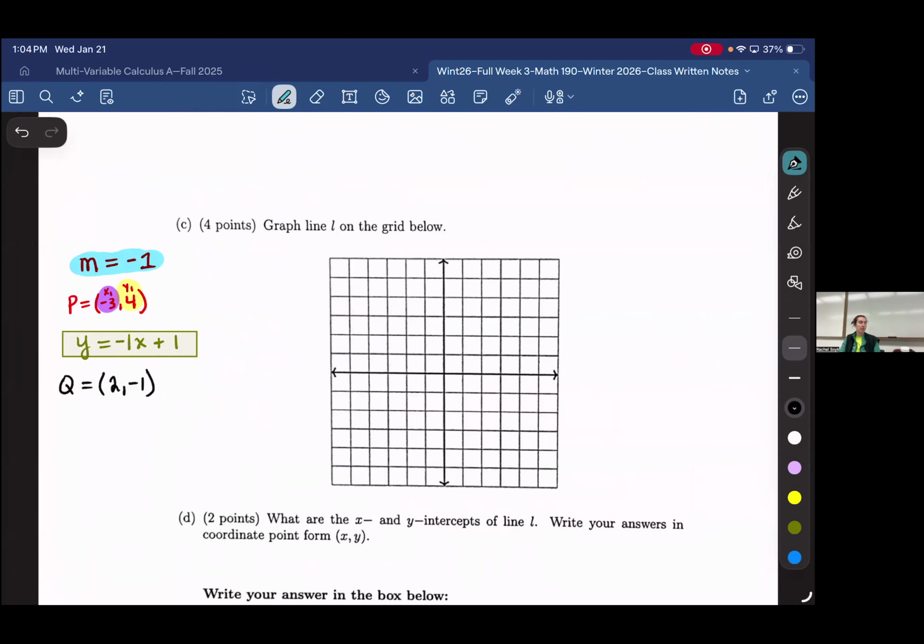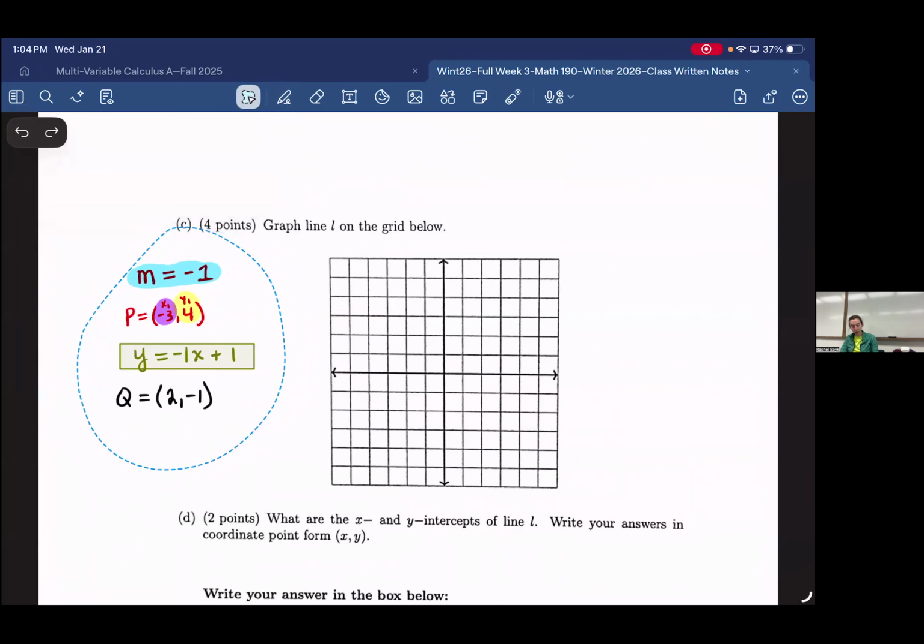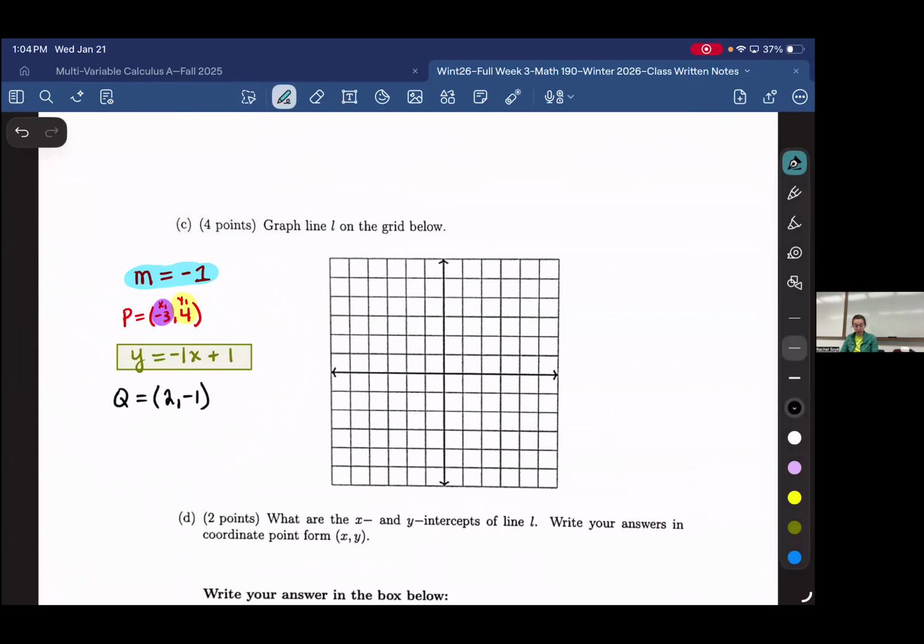Anytime you have questions that have A, B, C, D, E, it's to work in your favor. You use your earlier letters to help you with the later letter problems, okay? And so all this stuff, we can plot both P and Q straight off the bat.